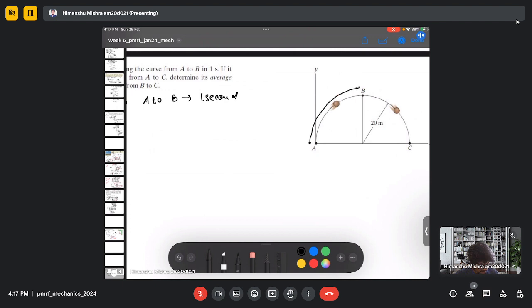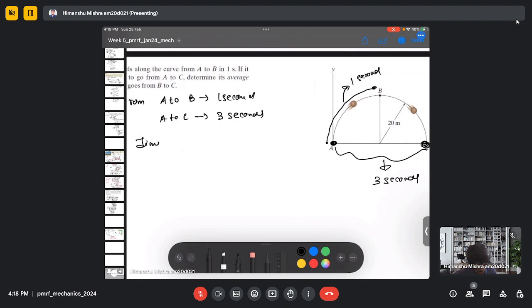From here to here, particle take 1 second, and from A to C, it will take 3 seconds. That means to move from point A to point C, here it will take around 3 seconds.